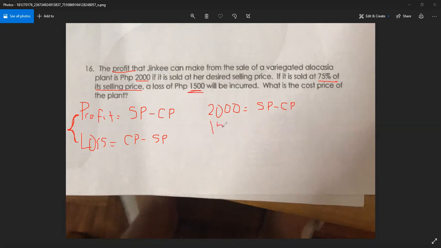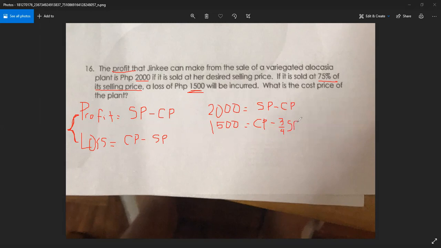So in this case, 1,500 is equal to cost price minus 75% of the selling price. That is 3/4 of the selling price.